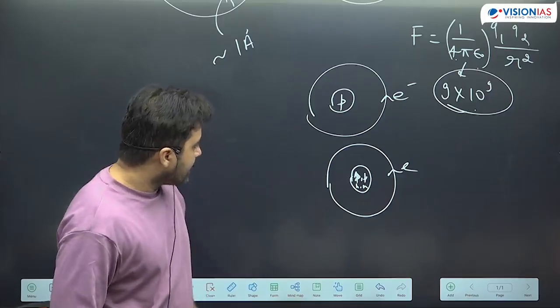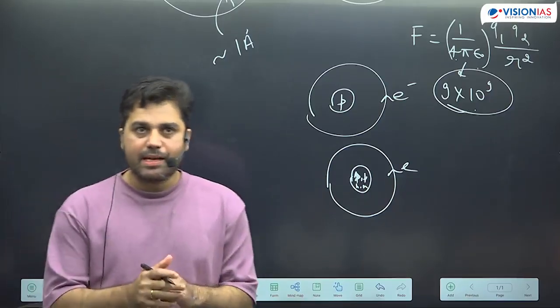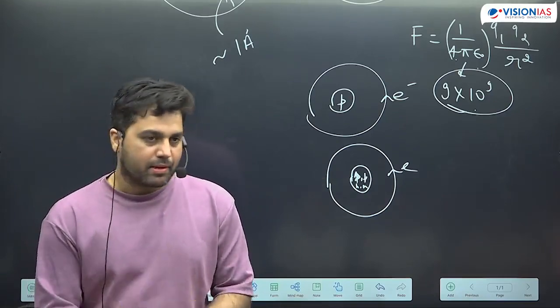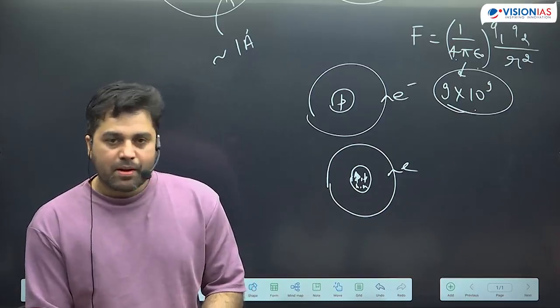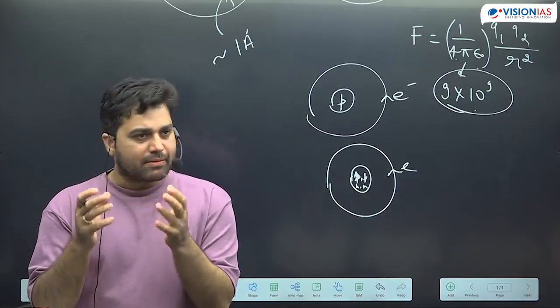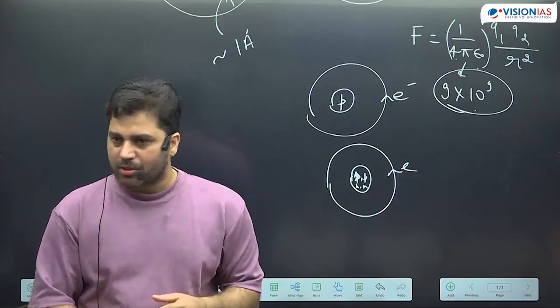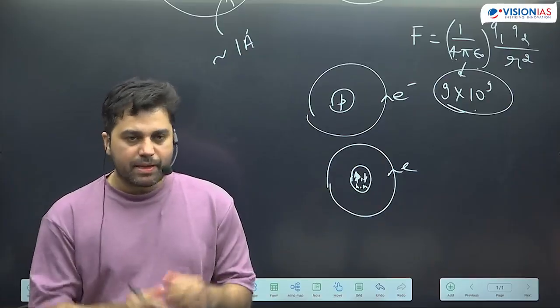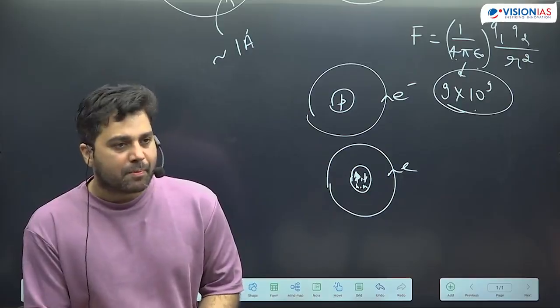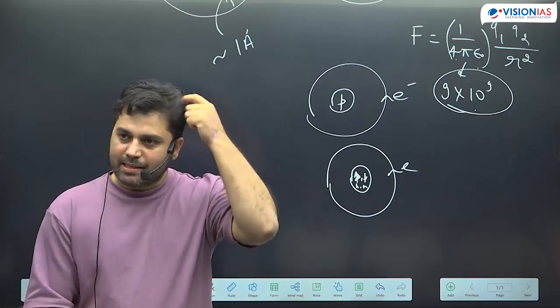Point is that inside this nucleus, in the range of 10 to the power minus 15 meter, you have protons, and protons are positively charged particles. So they are bound in a range of 10 to the power minus 15 meter, बहुत ही कम distance, at 10 to the power minus 15 meter. So there is a very powerful electromagnetic repulsion between protons, but still the nucleus is stable.